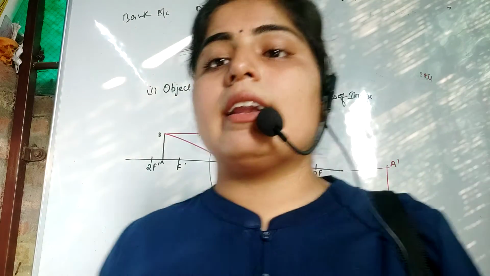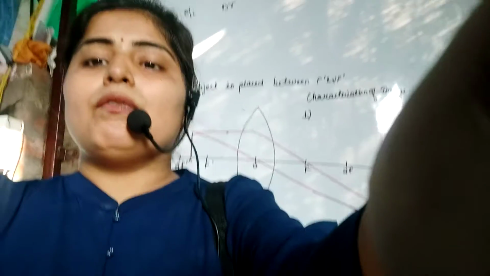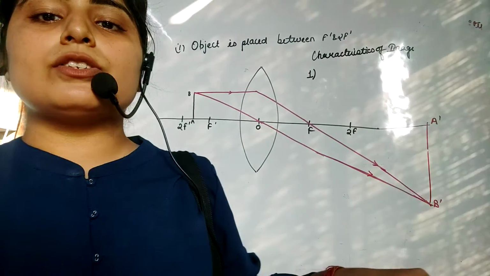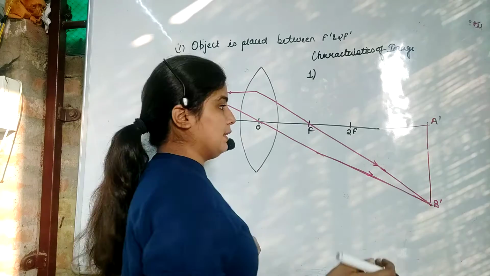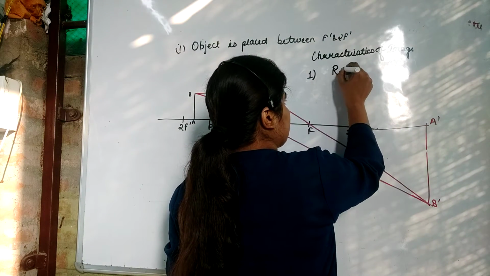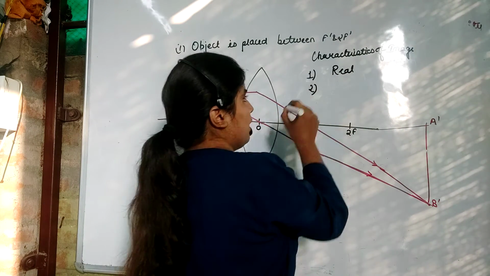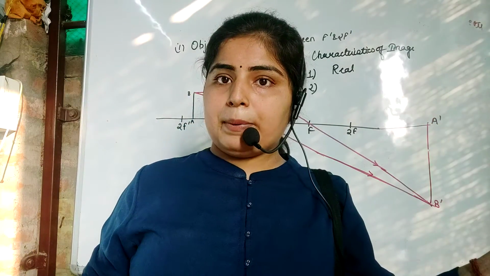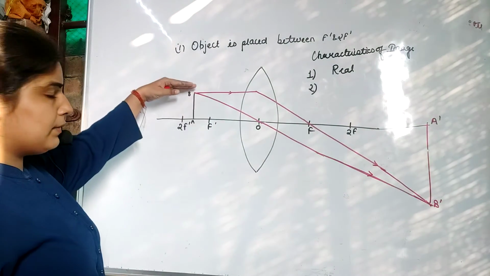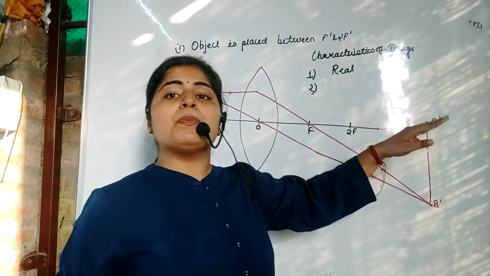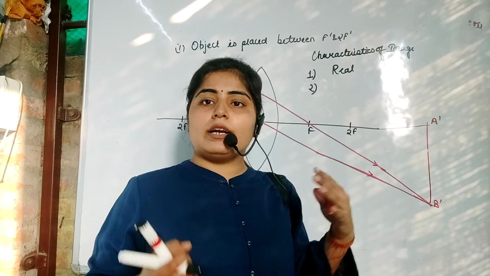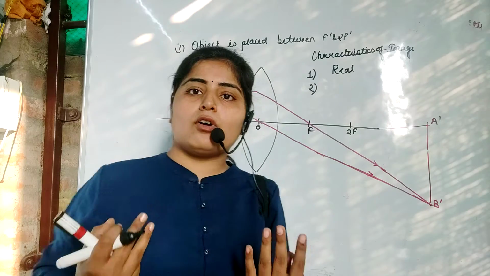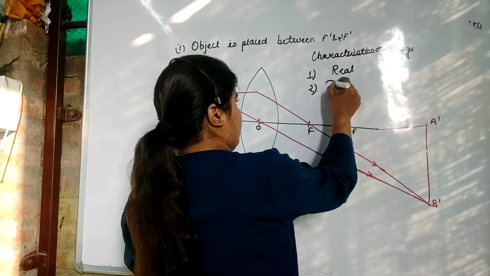Why is it real in nature? Because these two refracted rays actually meet each other. So the image which is formed is real in nature. And the second one, it is inverted because the object is placed above the principal axis but the image is formed below the principal axis. So it is inverted. Ulti ban rahi hai na image. So inverted.